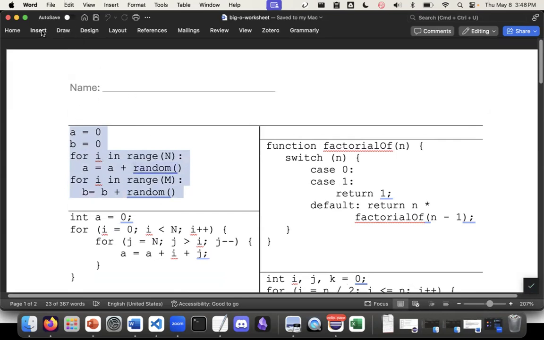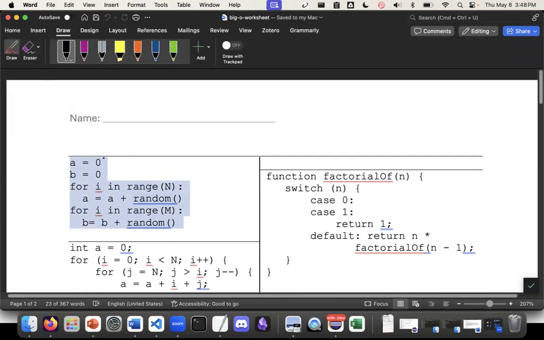So let's take the very first one and we'll do that one together. First we look at this and we ask, what is the main operation? If we look at this, there's some addition, there's some assignments. So I might say that assignments is the operation. So the operation is equals. And now I ask, how many times does it happen?